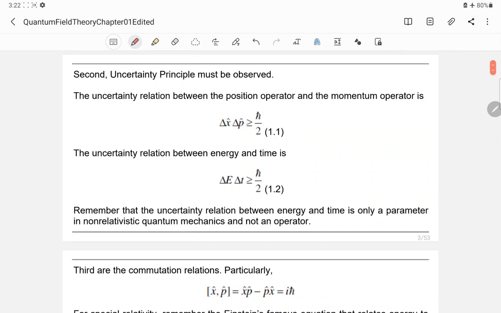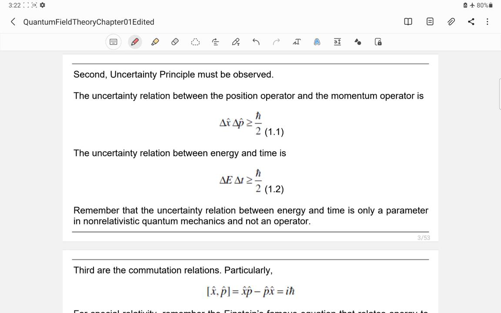The second one is that the uncertainty principle must be observed. So in this equation that you can see, 1.1, you have the uncertainty or standard deviation, actually the standard deviation of the position and the standard deviation of the momentum. The product is always greater than or equal to h bar over 2.